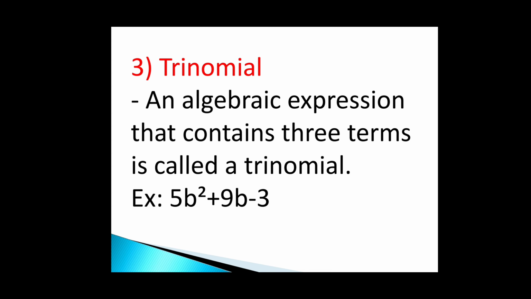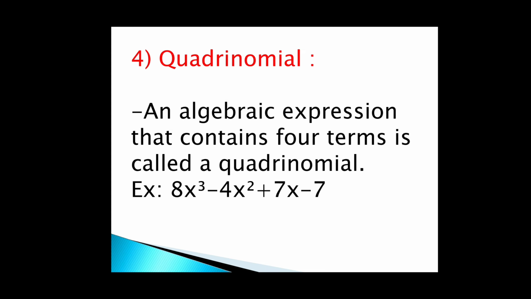Now trinomial means three terms. See here, 5b square is one term, 9b is one term, and 3 is one term. So 5b square plus, separated again, 9b minus, again separated, 3. So 3 terms in an expression is called a trinomial.